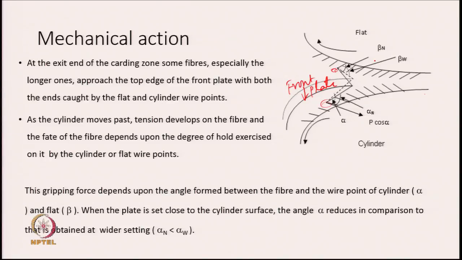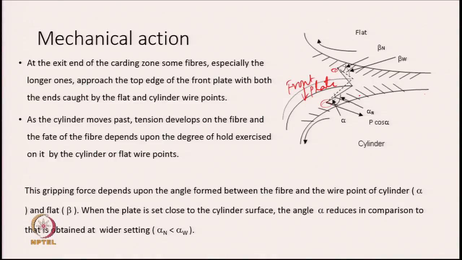So, two cases are shown here. In one case, the dotted line shows the situation when the front plate is away from the cylinder surface, and the firm line shows the situation when the front plate is closer to the cylinder surface.